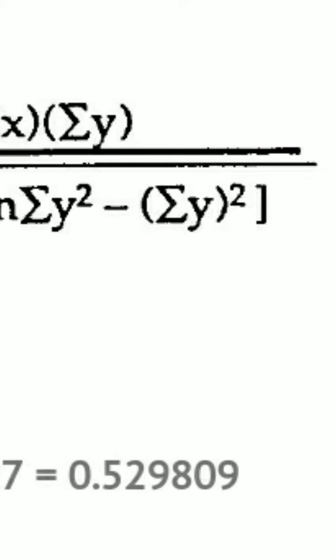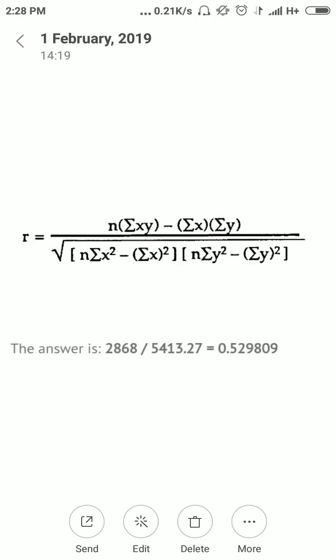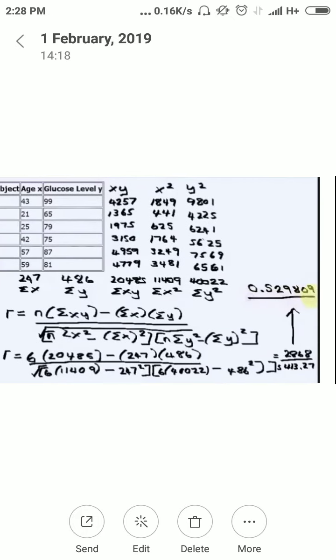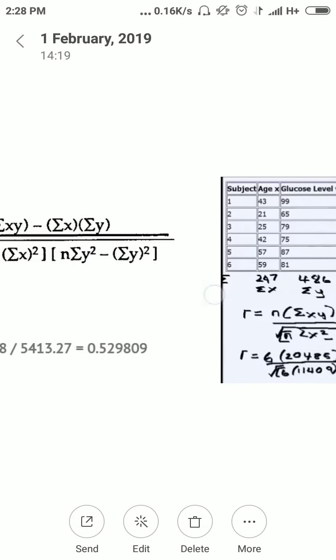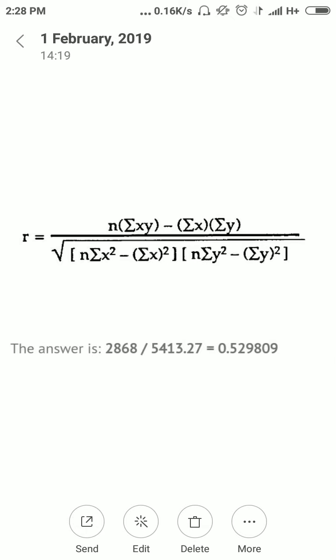So this means the correlation between the glucose level and age group is positive, that is 0.52 as a whole, we can say. Hope I'm clear to you all.